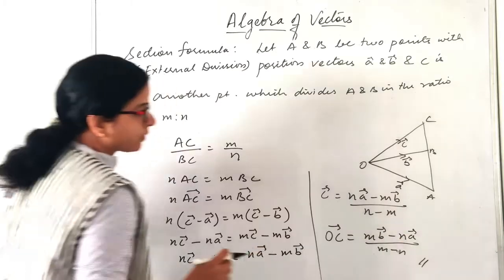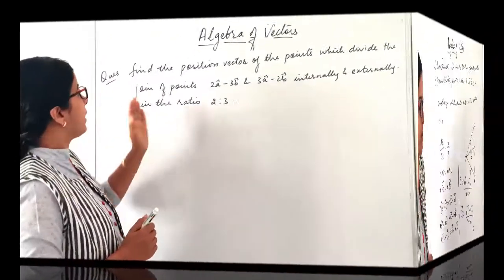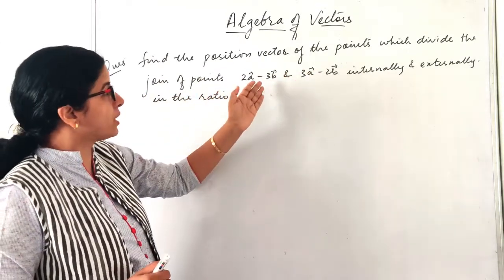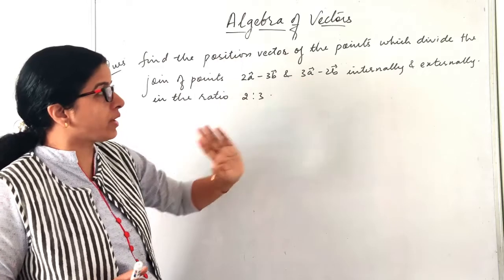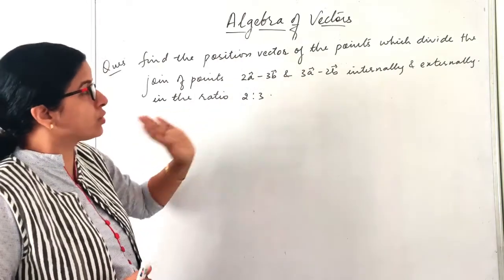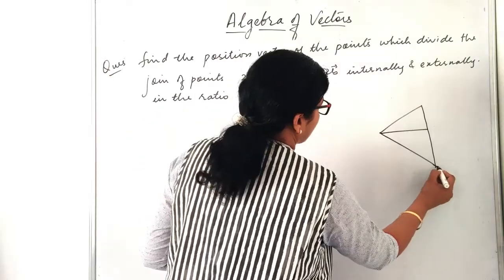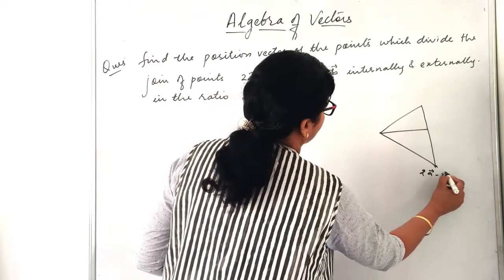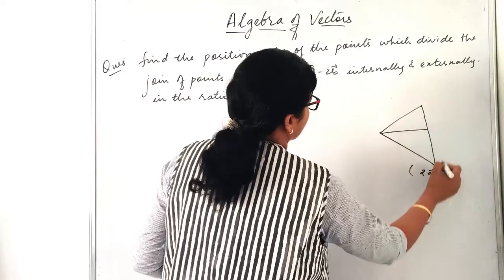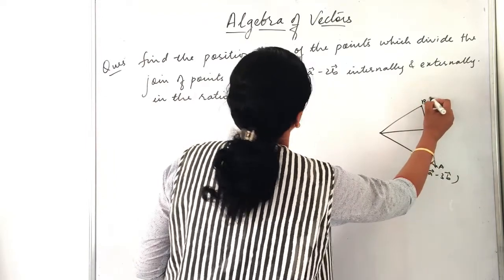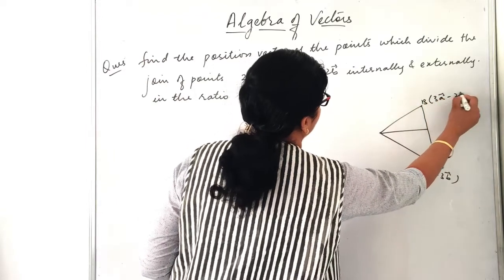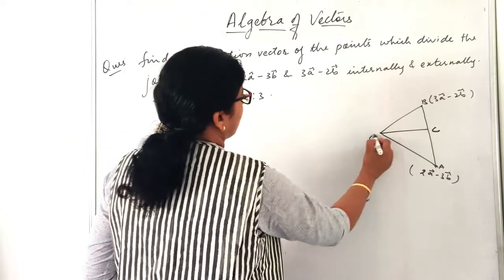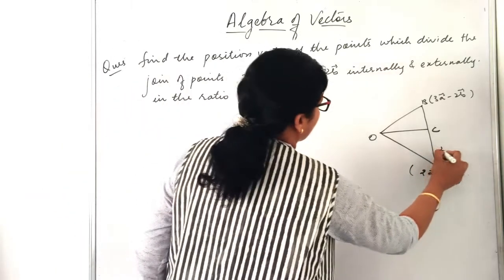Now let us check some questions on this. Find the position vector of the points which divide the join of points 2a vector minus 3b vector and 3a vector minus 2b vector internally and externally in the ratio 2:3, right? So this is my 2a vector minus 3b vector, and this is, say for example, A. B is given as 3a vector minus 2b vector, and I have to find the position vector of C, right, which is dividing in the ratio 2:3.